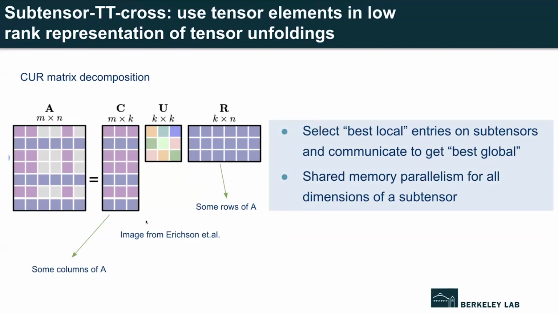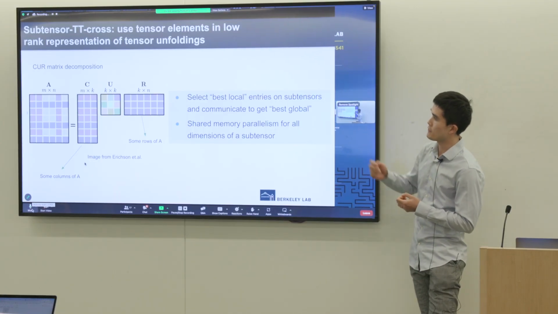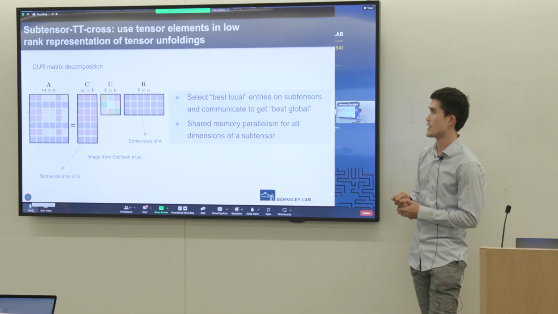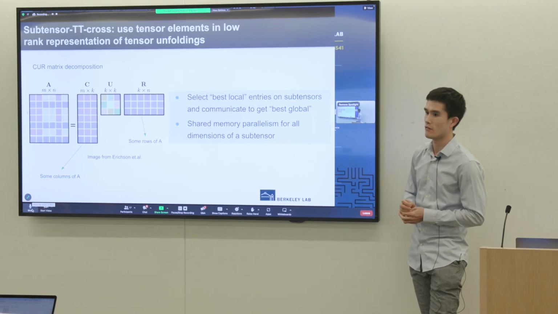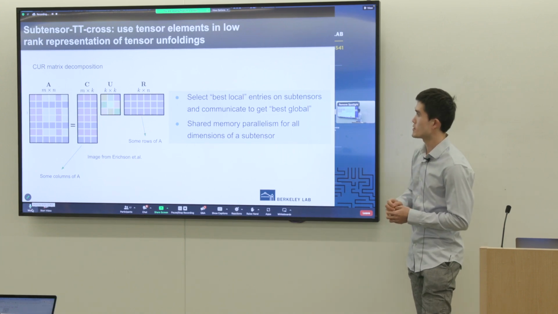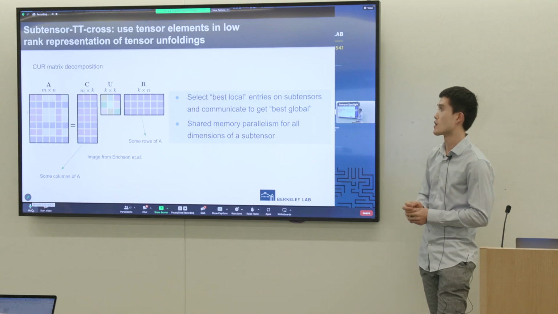So the C matrix is built of columns of A, and R is built of rows of A. And we have a connecting matrix U in between. The key kernel of this algorithm is that we need to select the best element, we call it a pivot, of the matrix A, and then we use this pivot to find its corresponding rows and columns and put them into C and R.